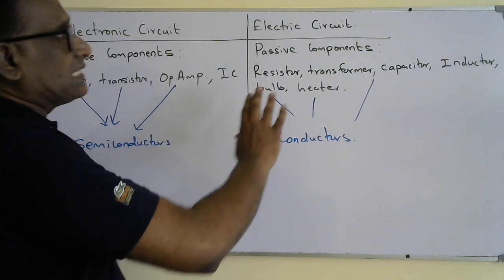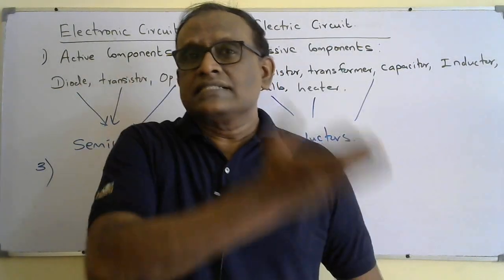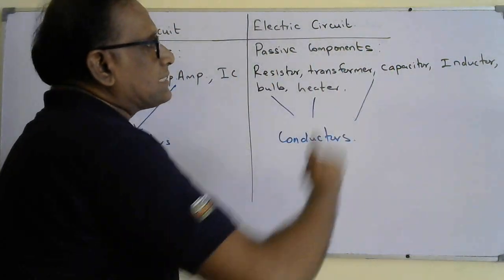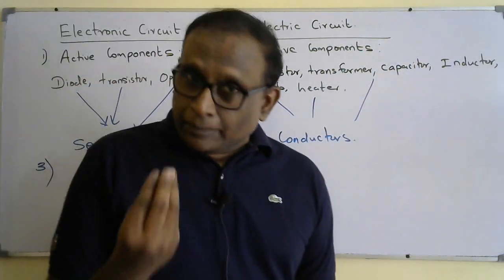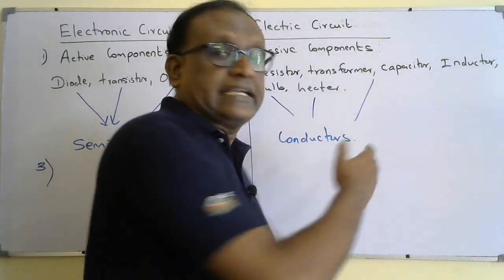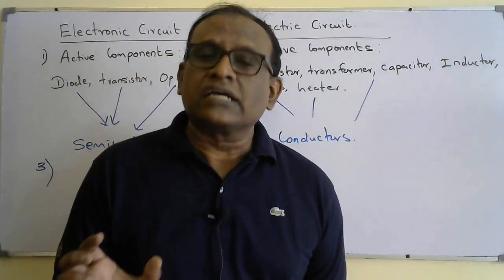But electric circuits just transfer energy through their components. Say for example, a capacitor is used to store energy, an inductor is used to store energy in a magnetic field, or it's used to create a magnetic field around it.